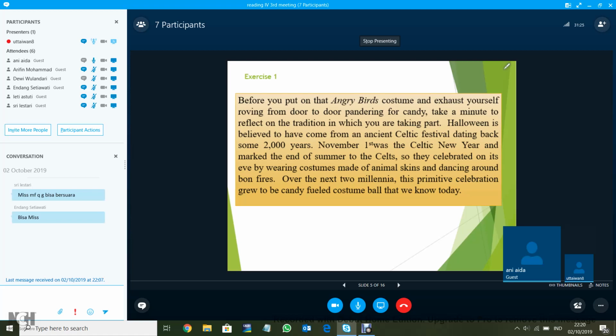What is the main idea of this text? Yeah, it's about Halloween. So, in particular, can you jot down, can you make it simple? What is the main idea of this text?